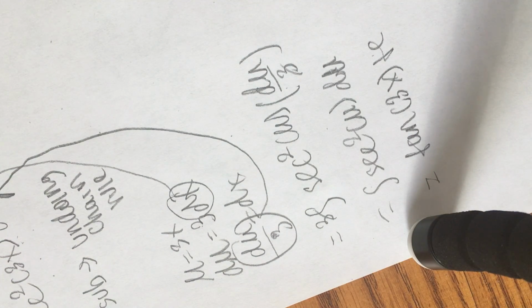So u-sub is just undoing the chain rule. And why I wanted to point that out is you're gonna use the same idea for integration by parts. Okay, how do we do it here?